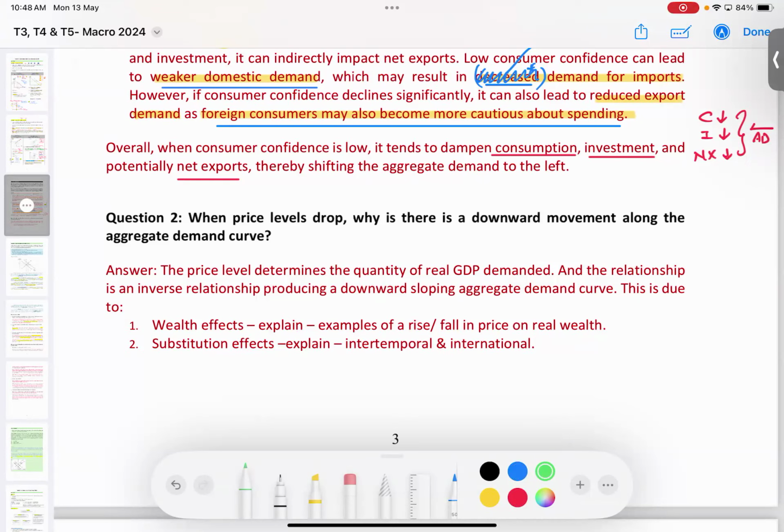When the price level falls, the quantity of real GDP demanded will increase.